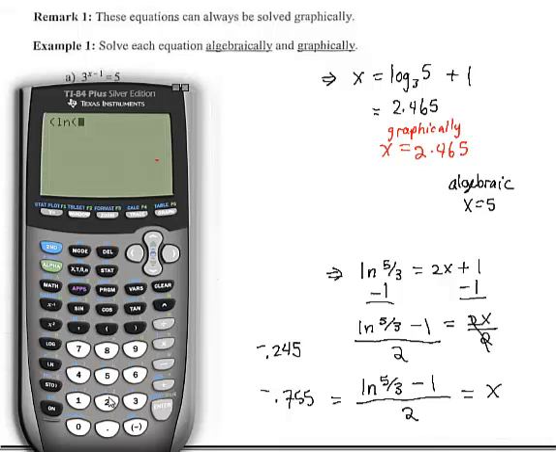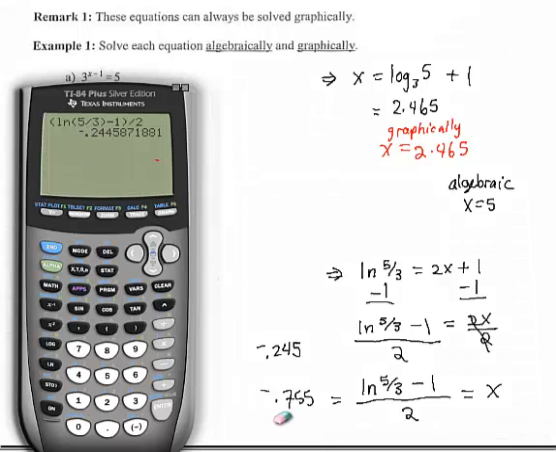So ln button, and then I have 5/3 minus 1 divide by 2, enter. Okay, so I calculated this wrong somehow. Maybe I flipped my little fraction here upside down. Maybe instead the first time I calculated 3/5 instead of 5/3.